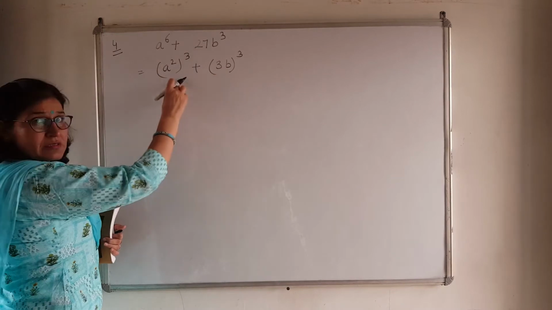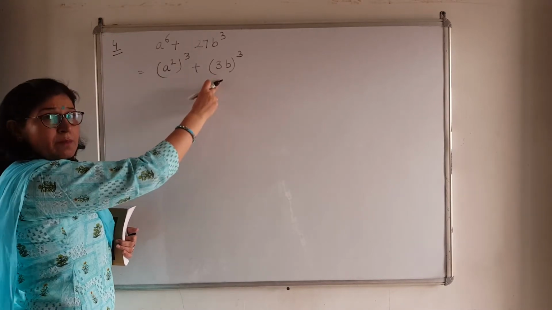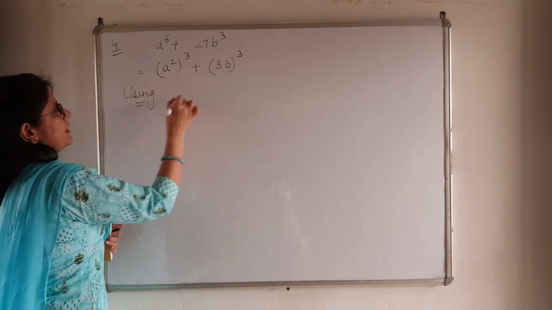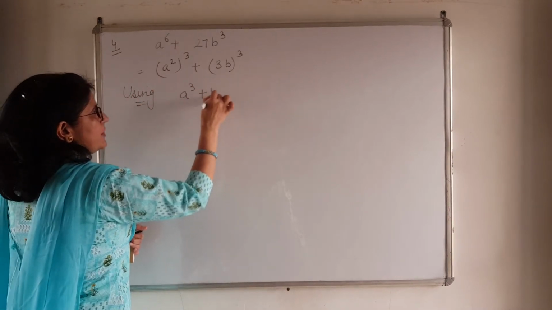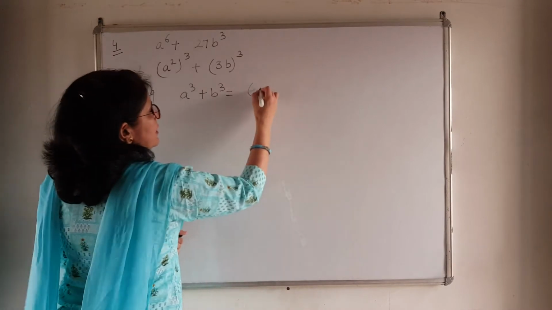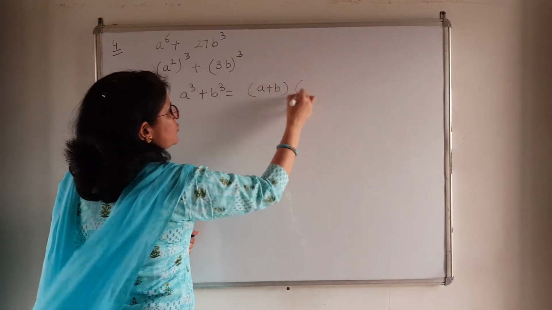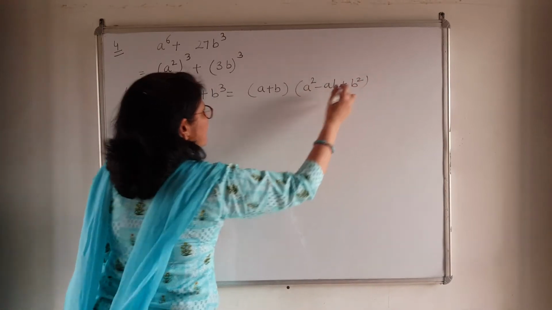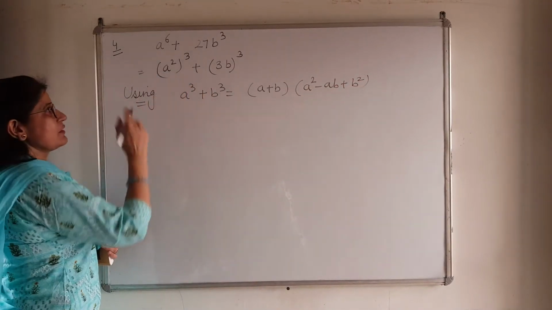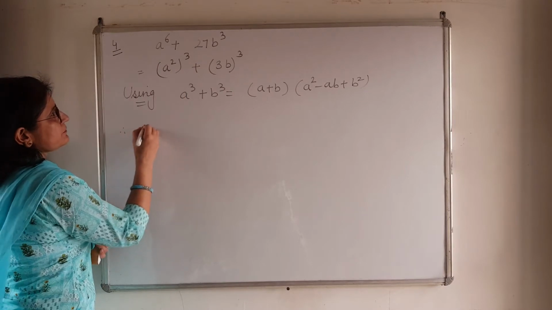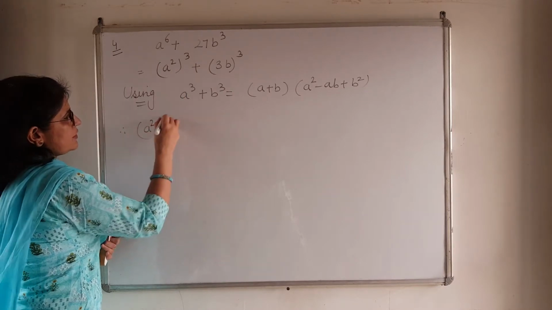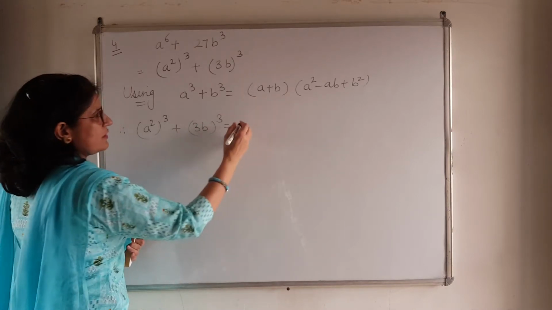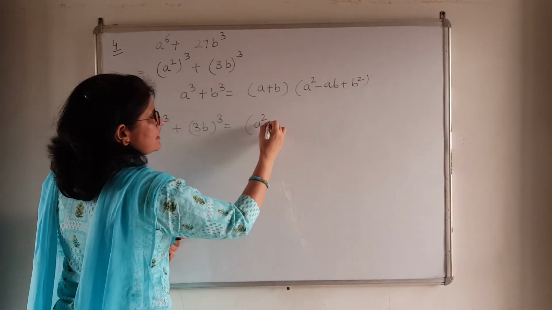So here we have positive terms, so we have the terms in plus. So using a cube plus b cube equals a plus b into a square minus ab plus b square, we will follow this identity to solve this question. Therefore, a square cube plus 3b cube equals sum of their terms, means a square plus 3b.